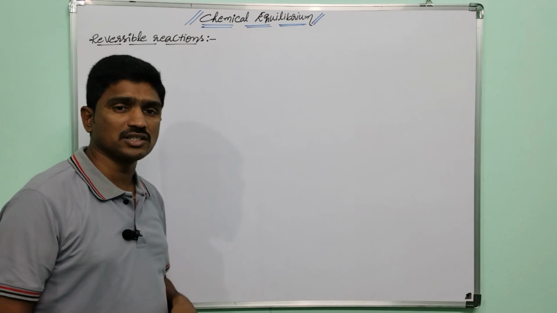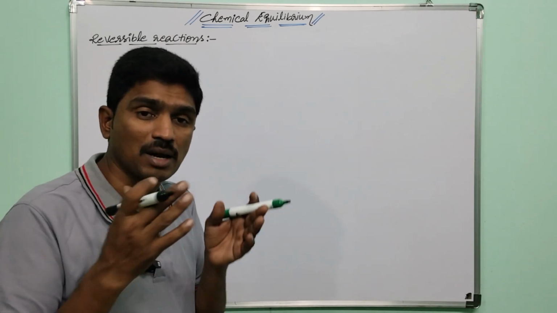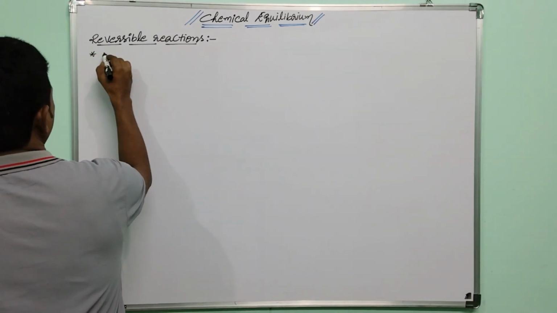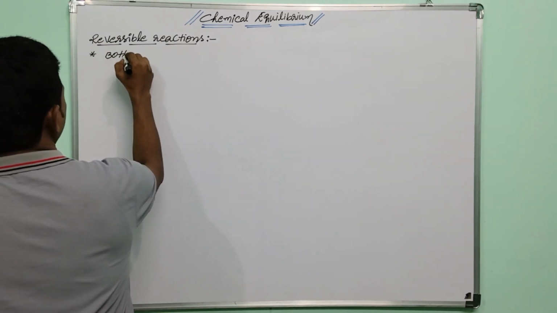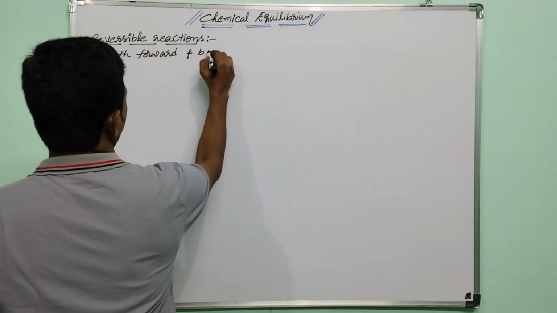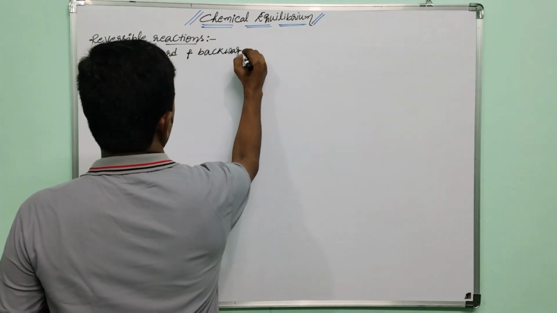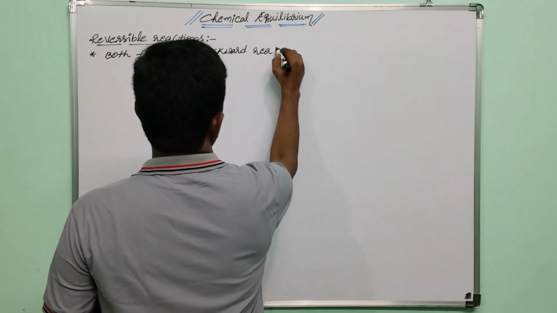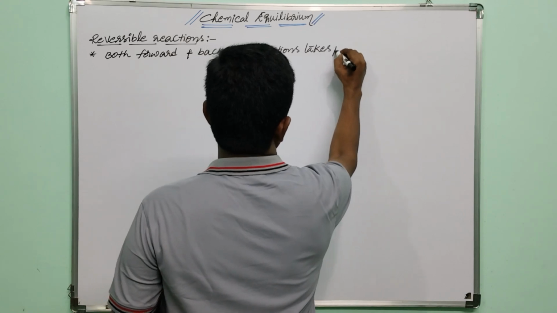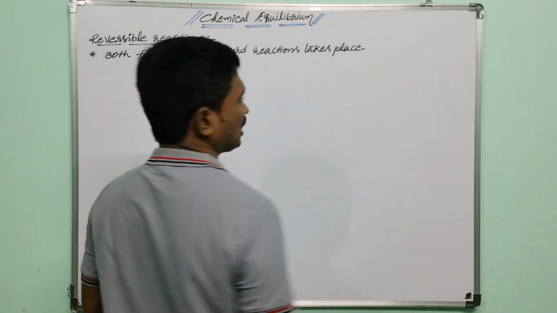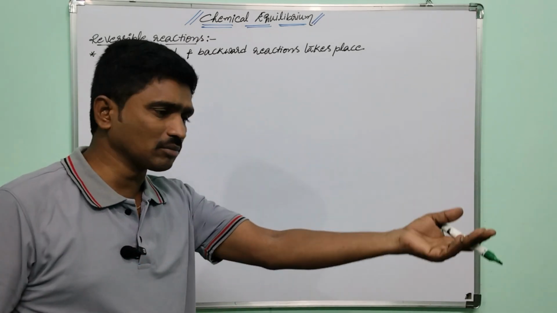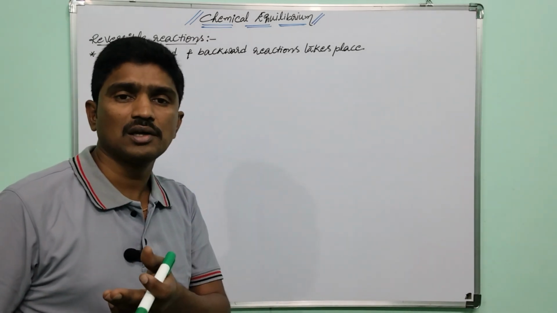A reversible reaction is one in which both the forward and backward reactions take place. So, a reversible reaction is one in which both forward and backward reactions take place. Reactants convert to products, and at the same time the products give back the reactants.